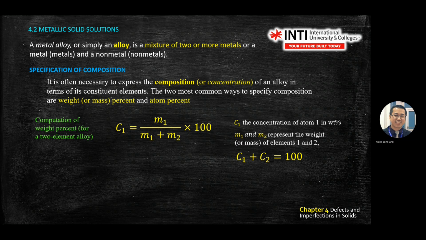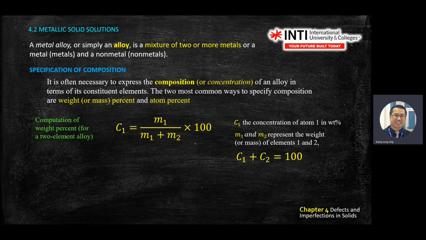All right. This equation only has two different metals. Once you find the concentration of the first element, you don't need to calculate the next one anymore.